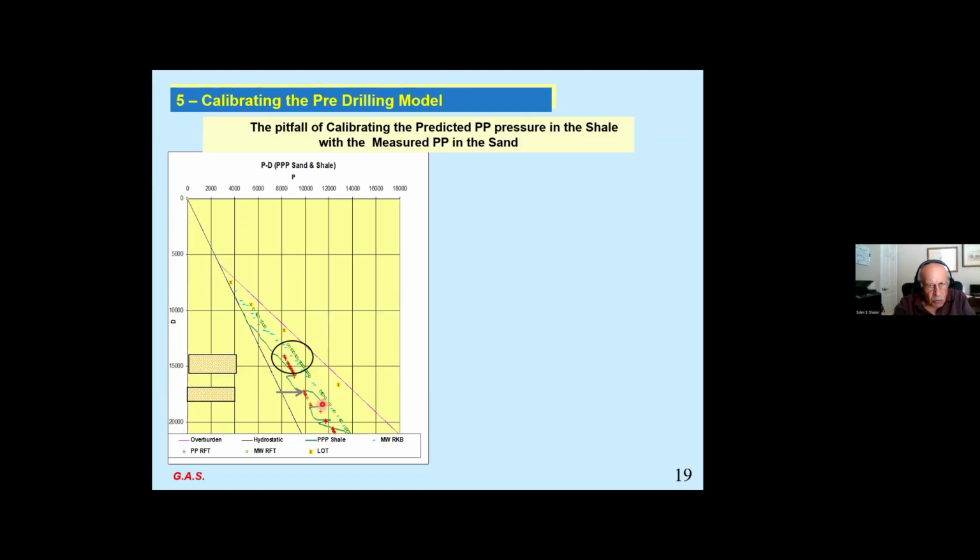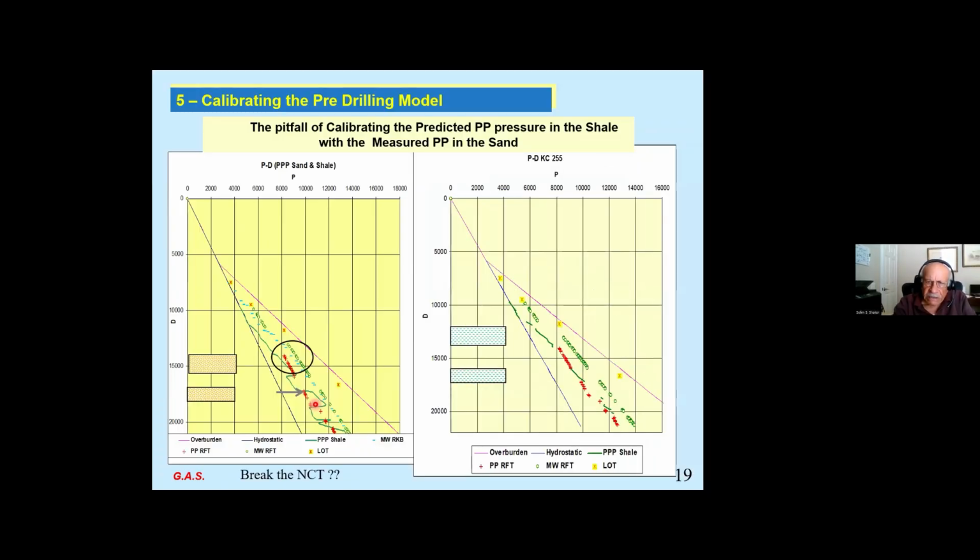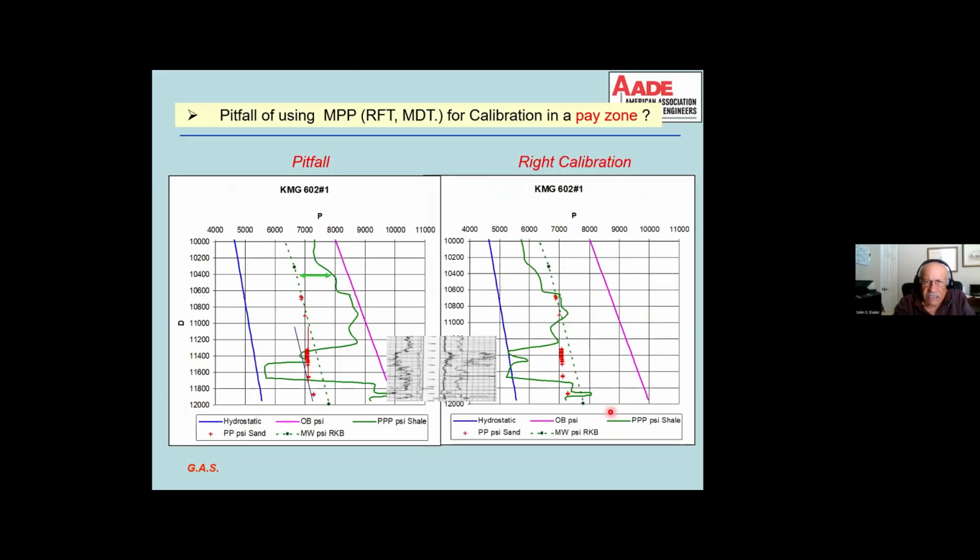So your predicted pore pressure is way higher than the actual measured pore pressure. So the best way to do it is to separate the predicted pore pressure in the shale from the measured pore pressure in the sand, and make the calibration with different ideas from the mud log, from the gas kicks.